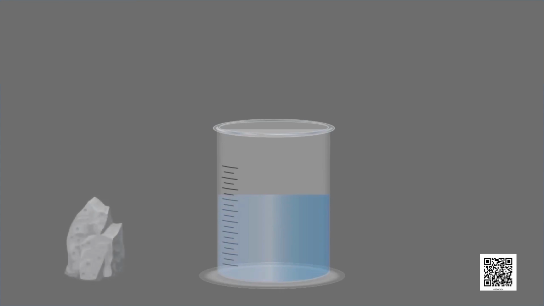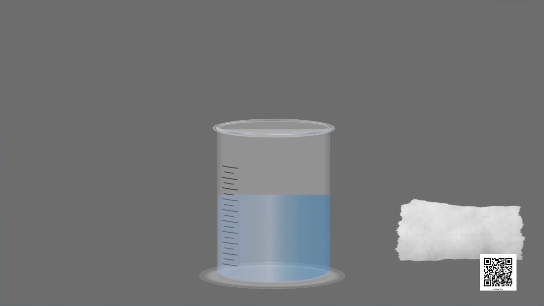Now, carefully cut a small piece of sodium metal. Make it dry with the help of filter paper and now place it on a piece of cotton and put it in the beaker half filled with cold water.